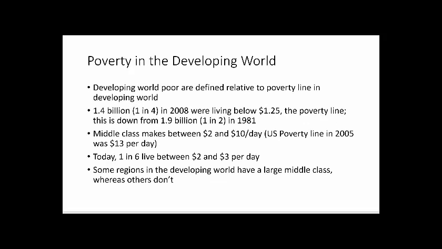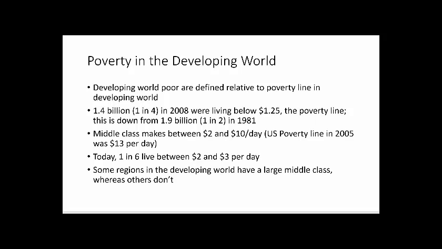So what does poverty in the developing world look like? Well, there's data that is acquired every year, and the picture is always evolving as we are able to get better data in developing countries. Now, mind you, sometimes this data is hard to come by simply because when we are looking at data in developing countries, we have to rely on local sources, and these may or may not be accurate in the same way that, let's say, a source in a developed part of the world, like the U.S. Census, may be.